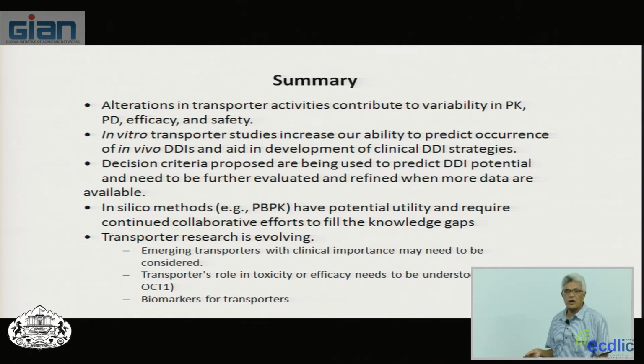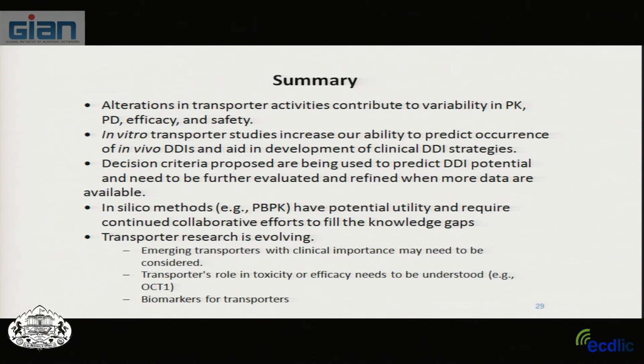And a recent development is in silico methods, where PBPK has potential utility. The FDA would like you to do more in silico analysis because it's time saving and it may also give you principles which can be further tested.